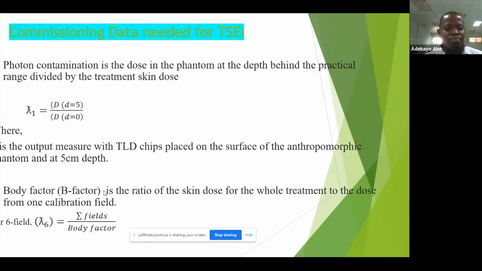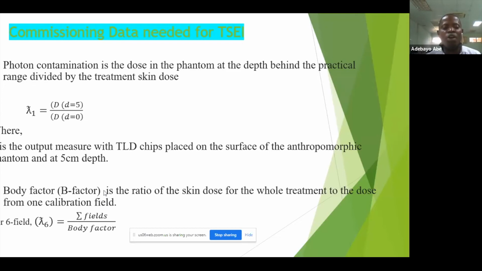That is how to evaluate by calculations. We say photon contamination is the dose in the phantom at the depth behind the practical range divided by the treatment scheme. For example, if you are using a 6 MeV electron beam, we know from the commissioning data that your practical range or therapeutic depth may be at 1.2 or at 1.5.